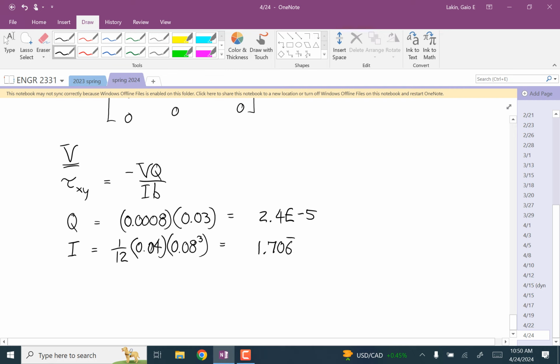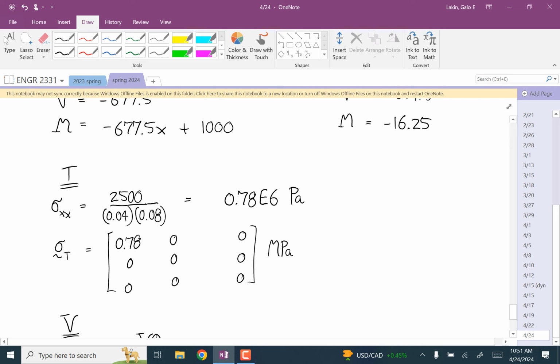That's 1.706 repeating times 10 to the minus 6. And B is 0.04. So tau xy.